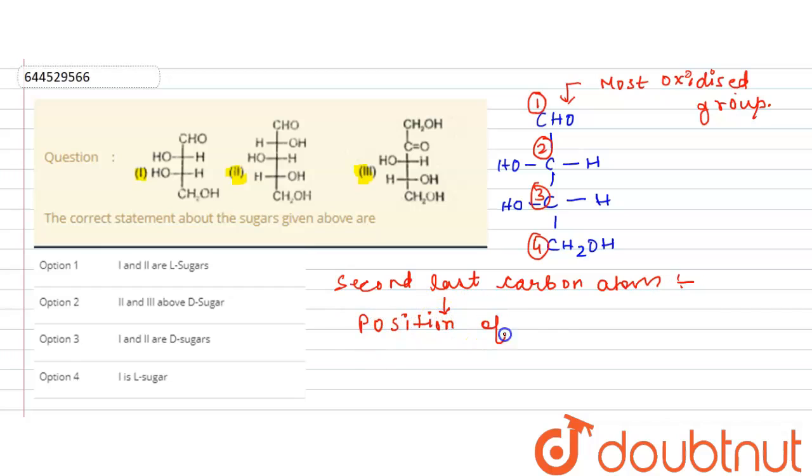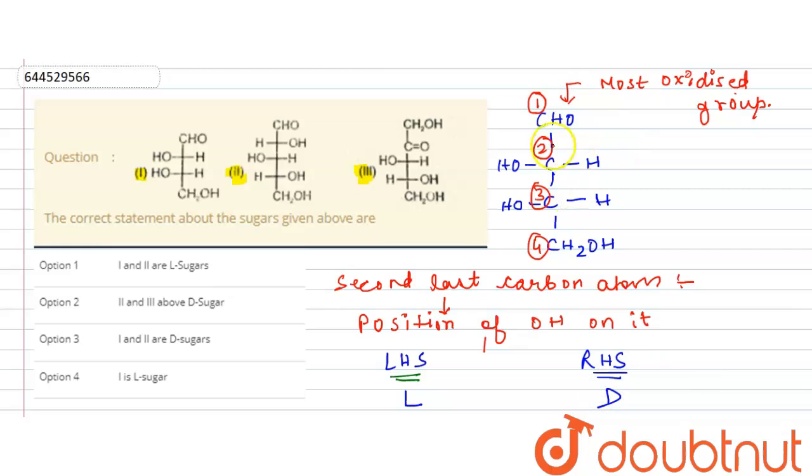If the OH is on the left hand side, you will write the configuration as L configuration, and if it is on the right hand side, you will write the configuration as D configuration.